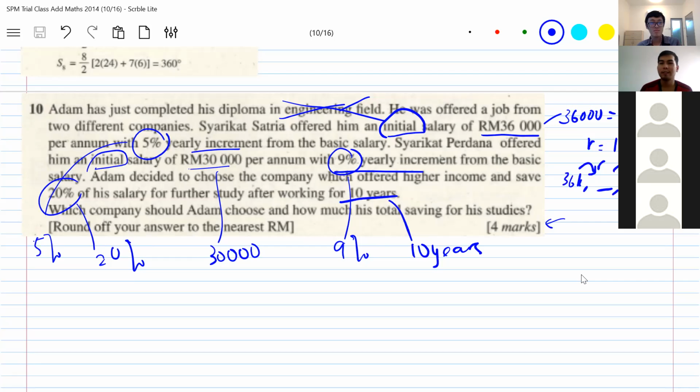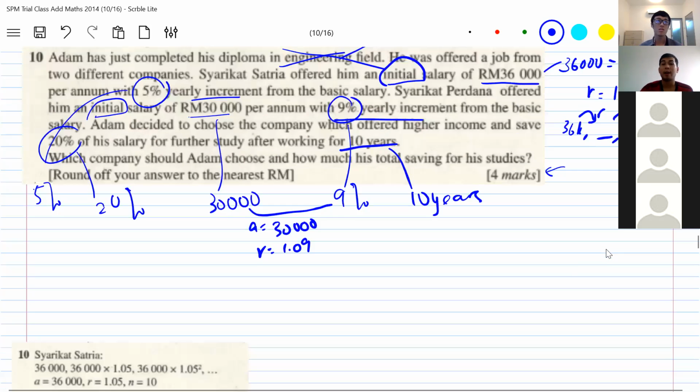Okay, so you already got A and R for the first one, and then you can see these link together, right? A equals 30,000, R equals 1.09. Okay, and then what's your N? How many times must you do it for? He's working for 10 years, therefore your N is 10.